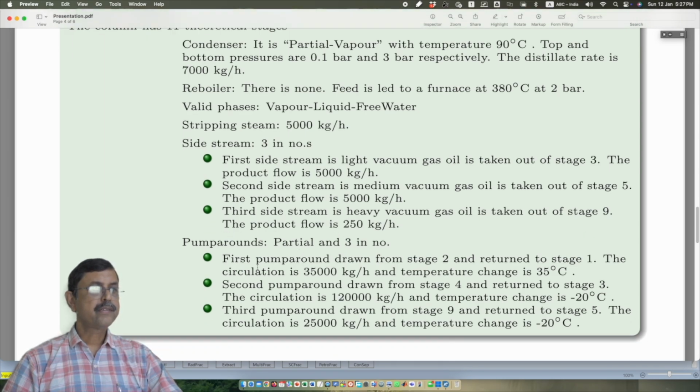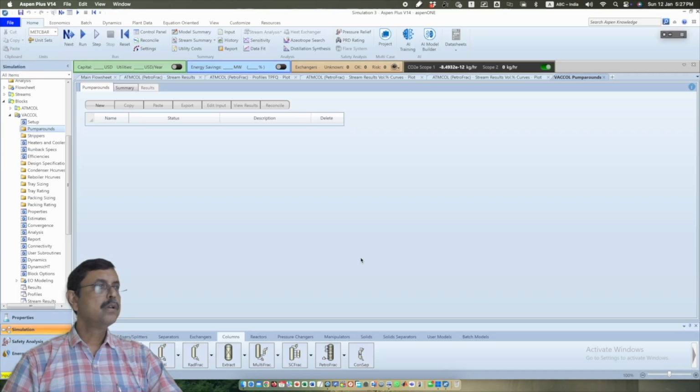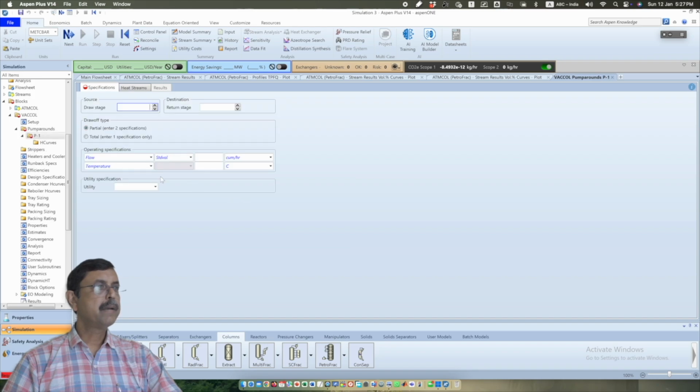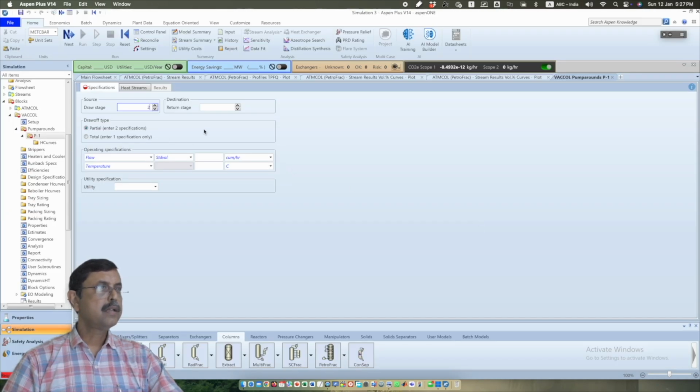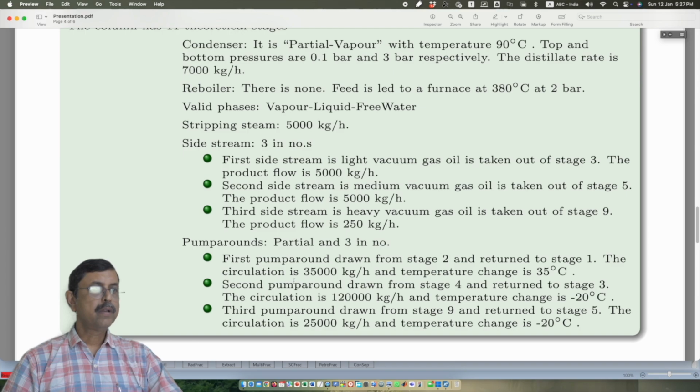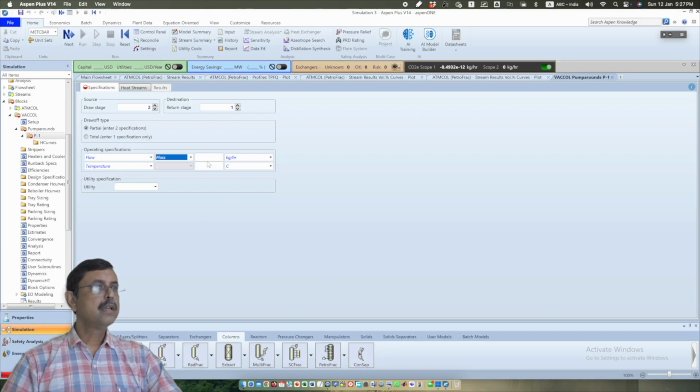So it is first pump around drawn from stage 2. So let us give this information. First pump around drawn from stage 2, returned at stage 1. And the flow rate circulation is 35,000 kg per hour.